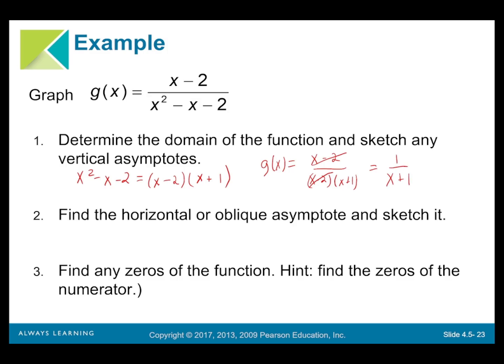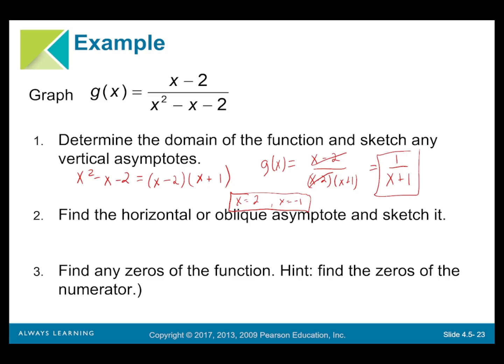So it's equivalent to 1 over x plus 1. However, you want to note still that we cannot have x equals 2 or x equals -1 in our domain. So it does simplify to 1 over x plus 1, but these two, x equals 2 and x equals -1, are not in our domain.